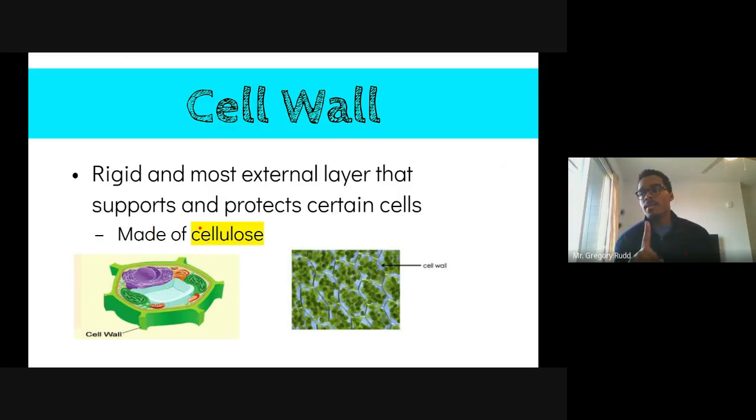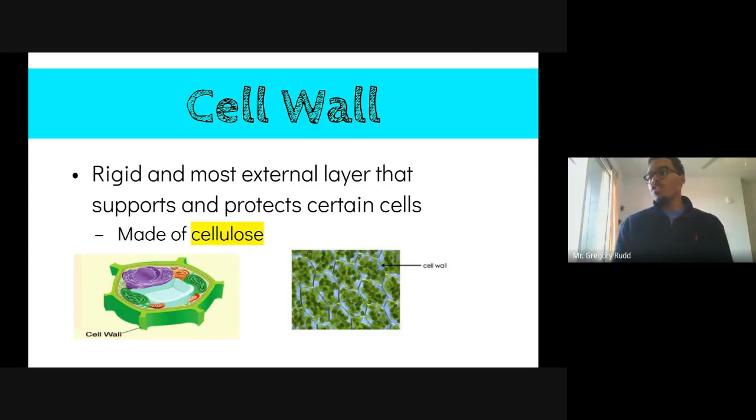And so because it's a carb, this is the last question, what is its monomer? What is the monomer of cellulose? Monosaccharides. Excellent, thank you, Melissa. The monomer is called a monosaccharide, otherwise known as glucose.